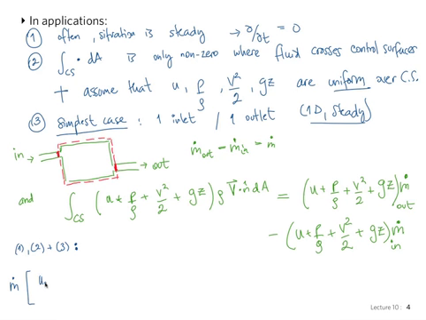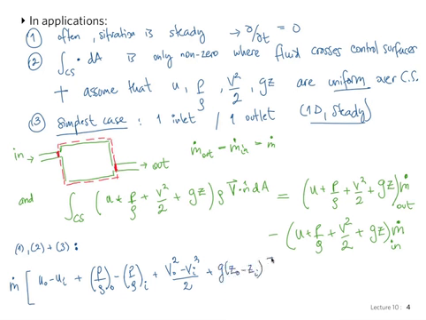So we have u out minus u in, plus, remember that's internal energy, p over rho out minus p over rho in, plus v out squared minus v in squared over 2, plus g times elevation out minus elevation in, and all of that has to be equal to Q dot net in plus the shaft work done by any rotating machinery.